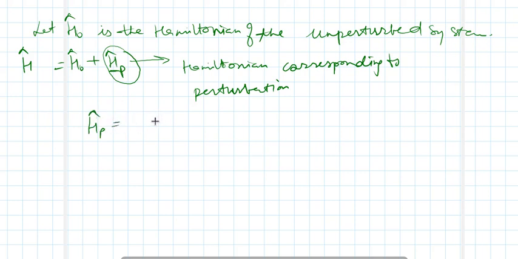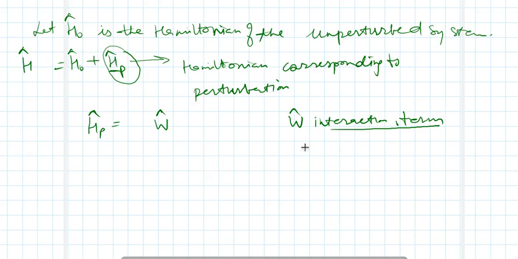So if W is the interaction term that causes the system to be perturbed, say if electric field or magnetic field is applied, these are the interactions, because this electric field will interact with our unperturbed system.